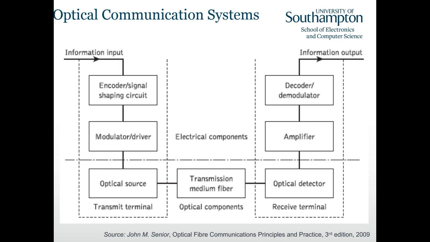This is the only way to generate light in reality. So we have electro-optical conversion here, and then we have the optical source, and then it is transmitted through a medium, the fiber, and then at the receiver, we have the optical to electro conversion.